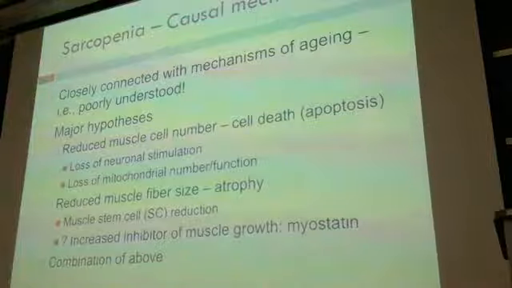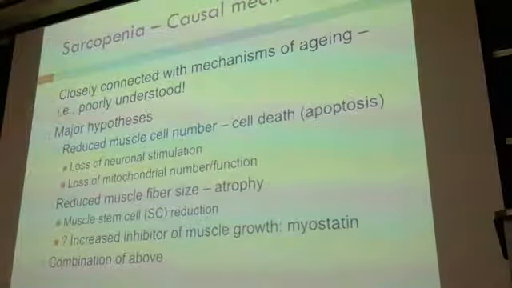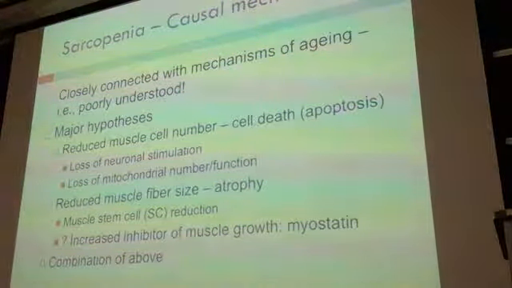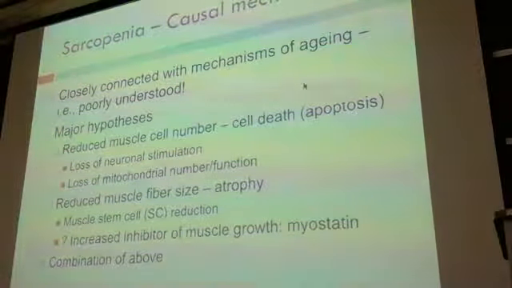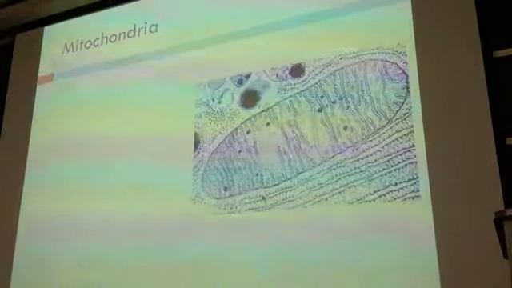And really it's a combination of both as well as other things. So we still have a lot to learn, but you should be aware of these two general categories of changes that can affect muscle size and function: reduced cell number and reduced fiber size.